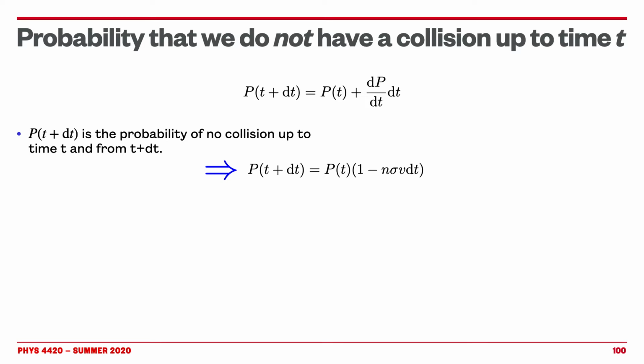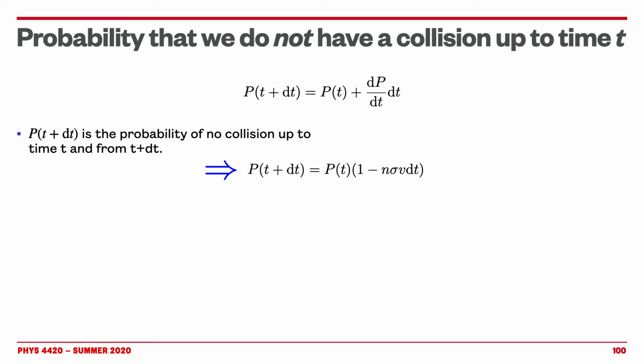Basically, the probability to have no collision at t plus dt is the probability to not have collision up to time t times the probability to not have a collision during the interval dt, right? And this is nice because the second part there, 1 minus n sigma v dt, is known from what I showed in the previous slide.